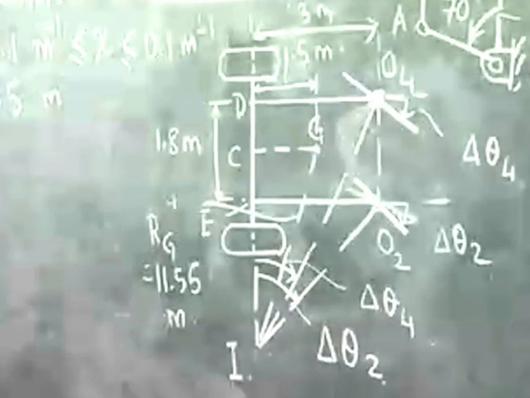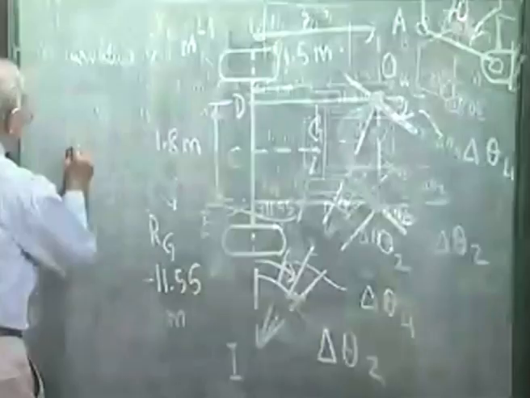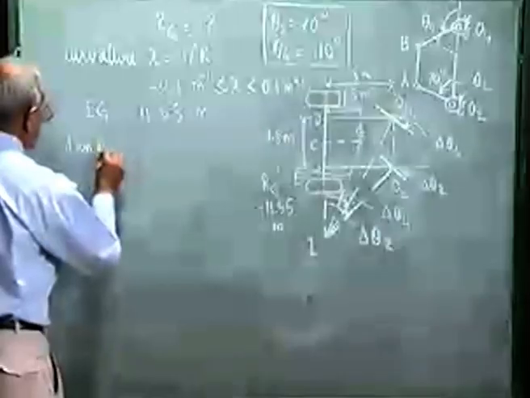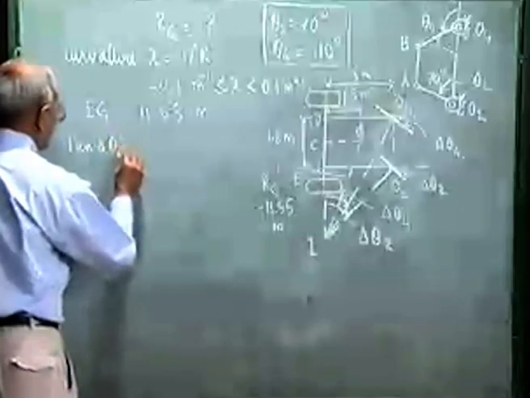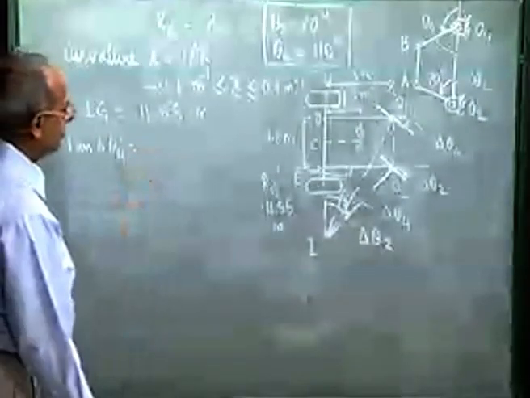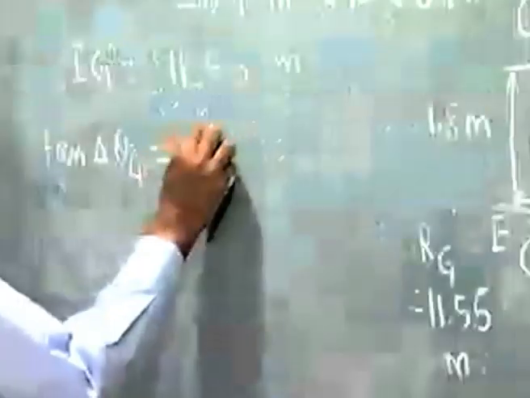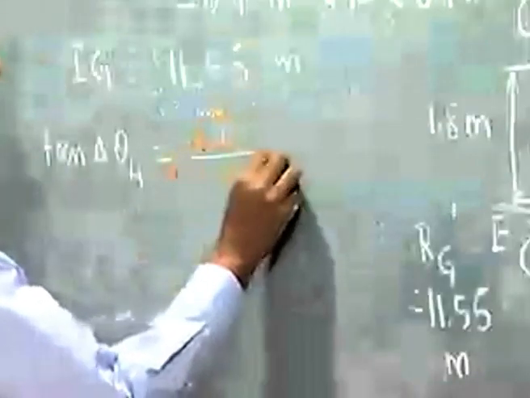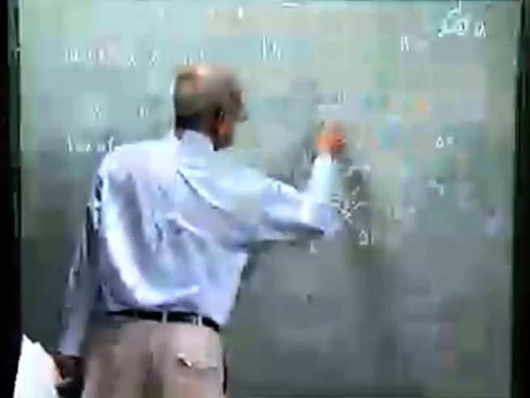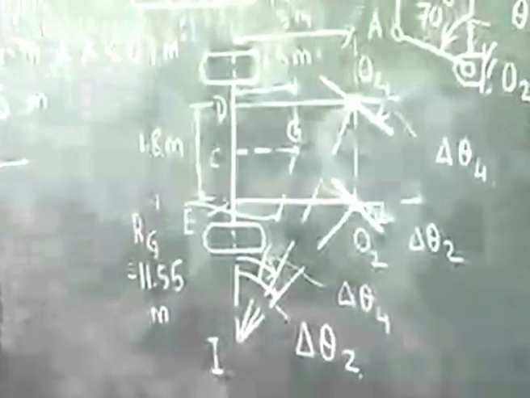So we can see tan of delta theta 4 is 3 meters, this O4D, divided by ID, which is IC plus CD.